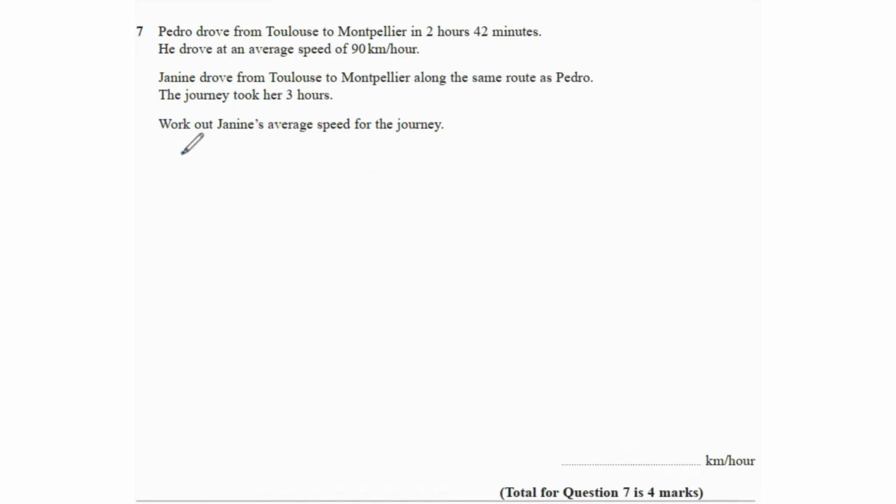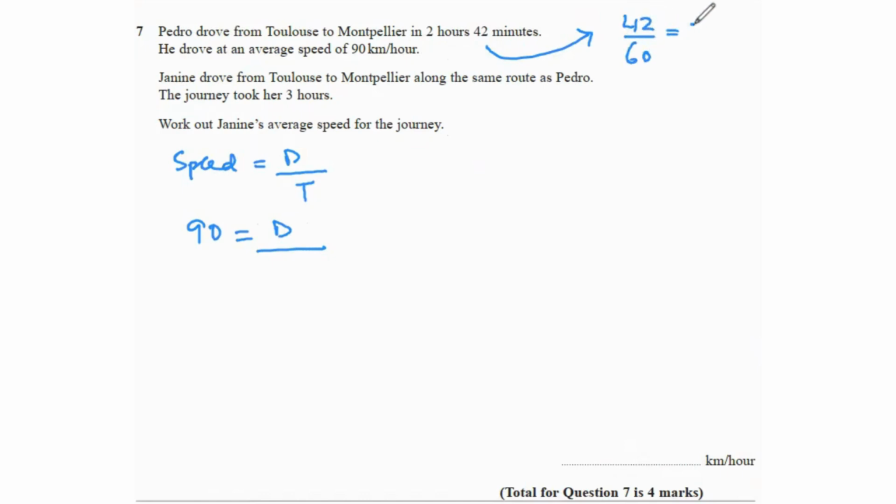So we know speed is distance over time. So that's 90 equals d over time. Again, we have to convert the 42 minutes into hours, because kilometers per hour is the unit for speed. So 42 divided by 60, which is 0.7 hours. So that's going to be 2.7, because 2 plus 0.7 is 2.7.